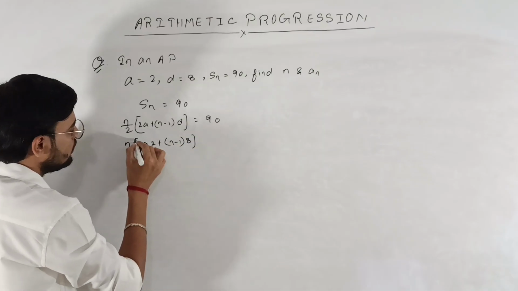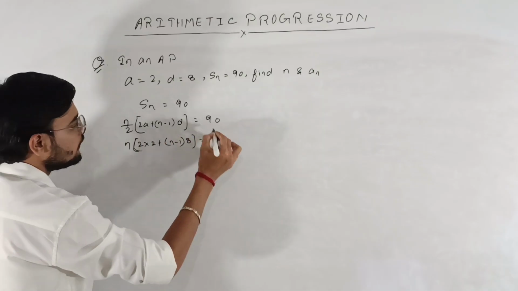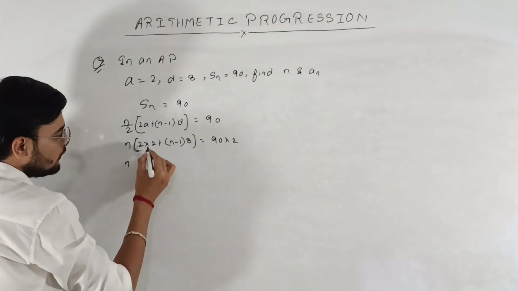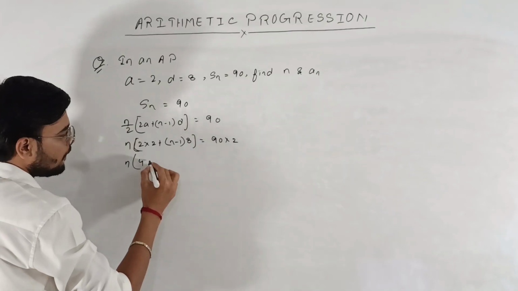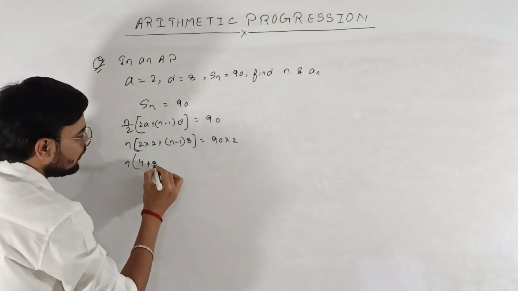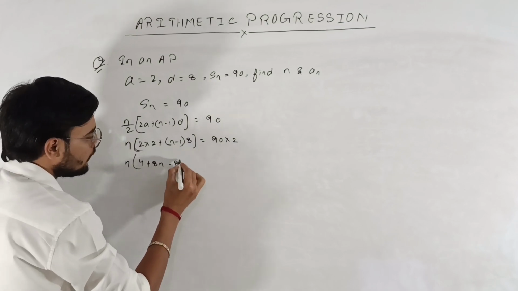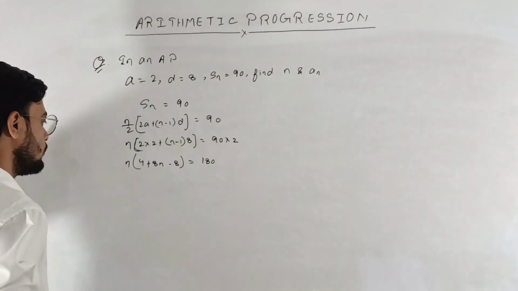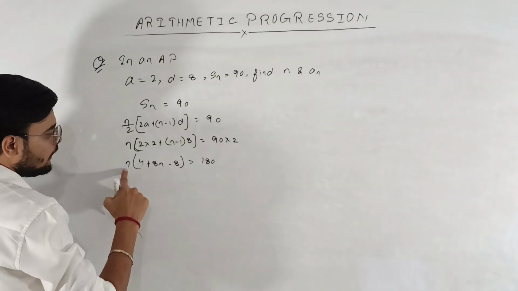This 2 goes to this side and multiplies with 90, so 90 into 2. Now this is n, 2 plus 2 into 2 is 4. This is (n minus 1) and 8. So 8 into n is plus 8n, and this is minus 8, equal to 180. Now multiply this n into this.